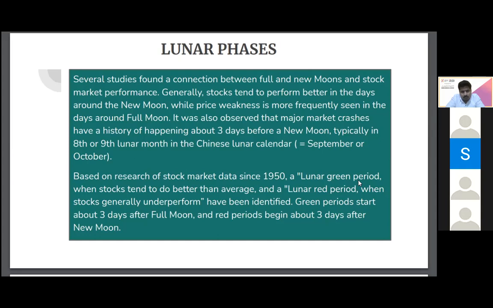Also, based on research of stock market data since 1950, a lunar green period when stocks tend to perform better than average and a lunar red period when stocks tend to underperform have also been identified. As per Gann, green periods start about 3 days after a full moon, and red periods begin about 3 days after a new moon.